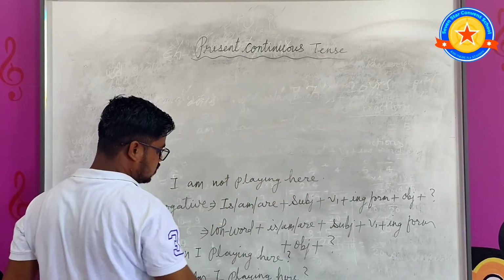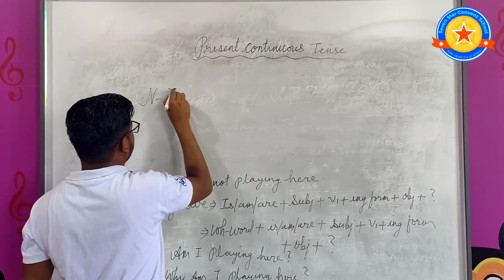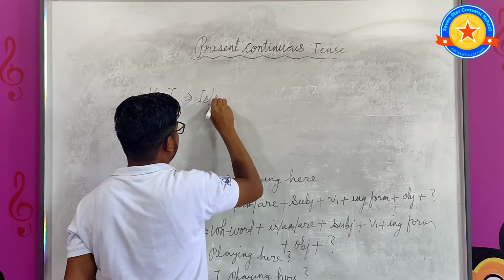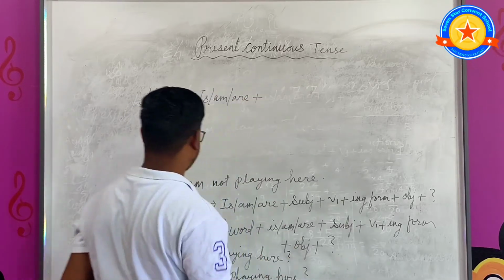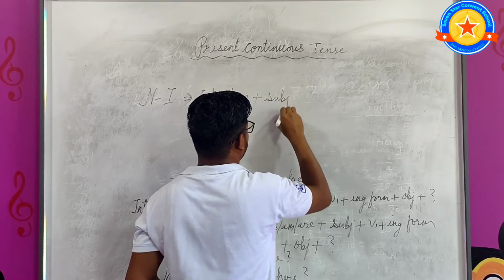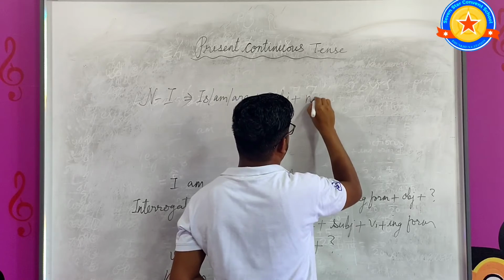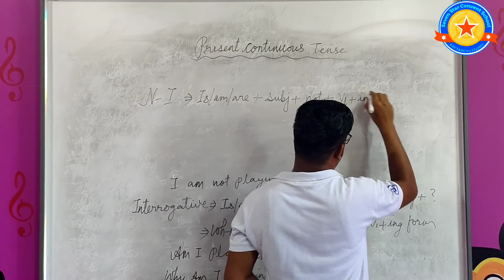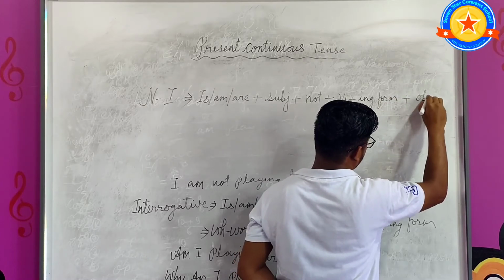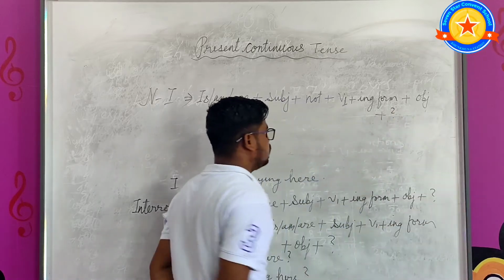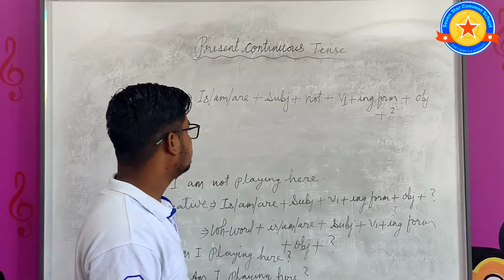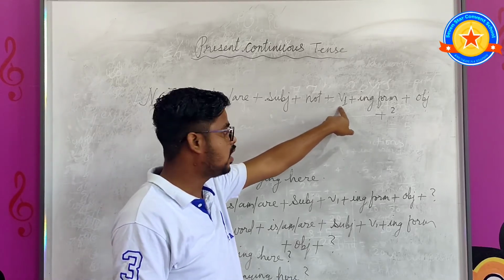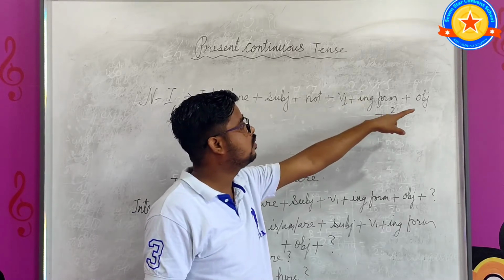Its pattern or structure, in a yes-no type interrogative sentence, is: is, am, are plus subject plus not plus verb 1 plus ing or progressive form plus object plus question mark.